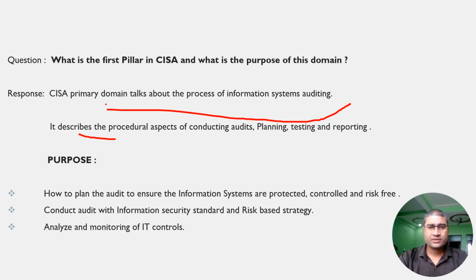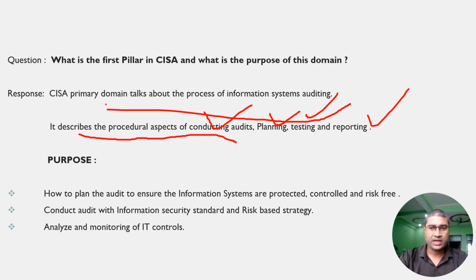It describes the procedural aspects of conducting audits: planning, testing, and reporting. For example, how to conduct an audit, what the planning steps are, how we can test, and how we can report the audits. So here we can discuss in detail the purpose of CISA.